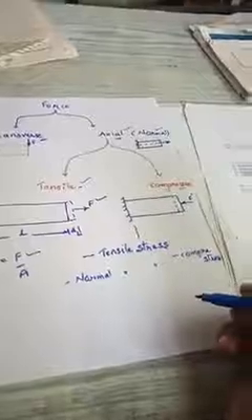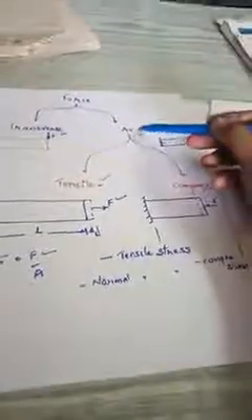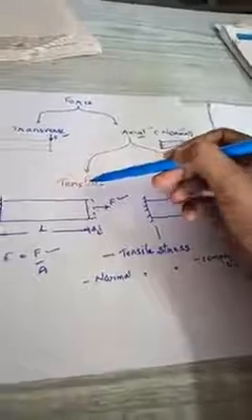The force is normal and it is a tensile one. So we name it normal tensile stress, or it can be called axial tensile stress. Whatever the name, both are the same. You can call it tensile, normal tensile, or axial tensile.